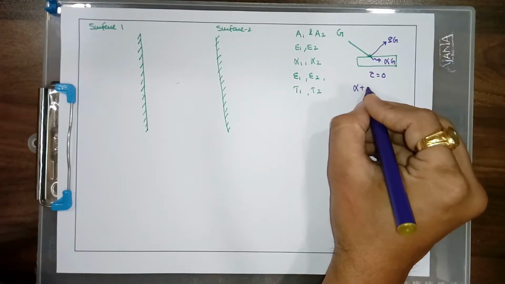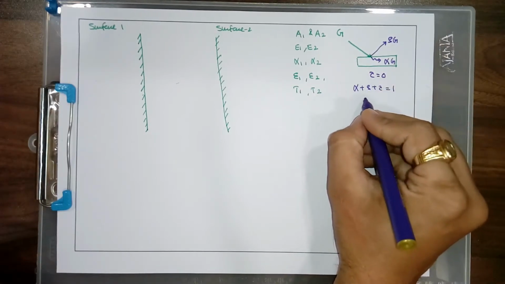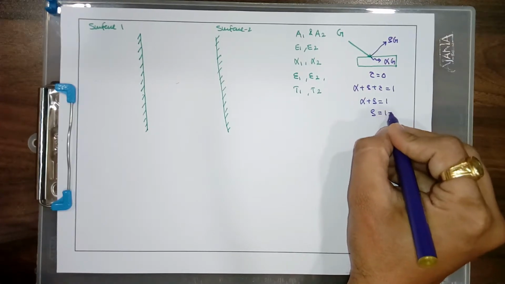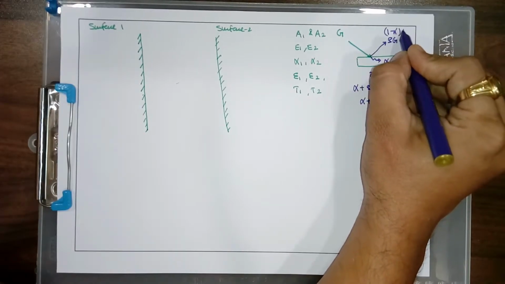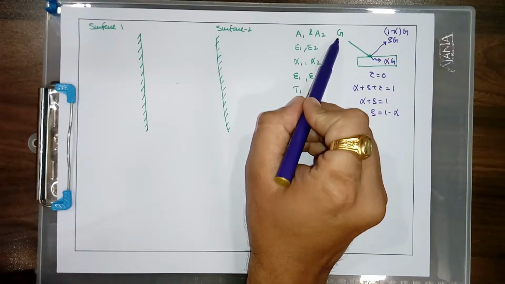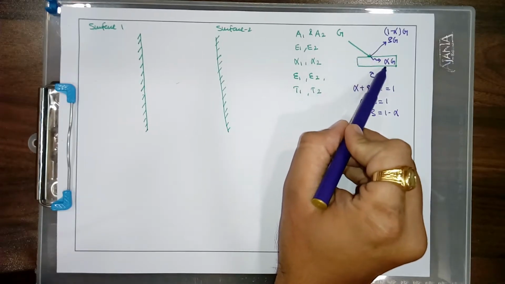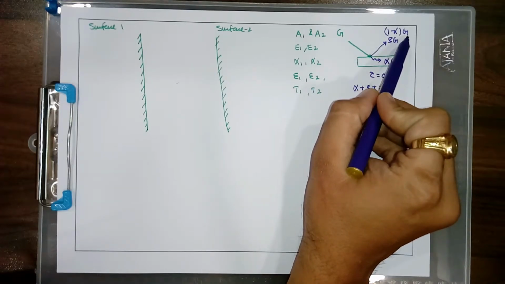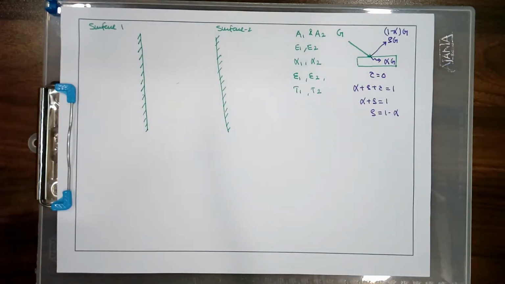We know that alpha plus rho plus tau equals 1, and tau equals 0, so alpha plus rho equals 1, so rho equals 1 minus alpha. So the reflected part is 1 minus alpha times G. In simple words, G is incident on an opaque surface; out of that, alpha G is absorbed and 1 minus alpha times G is reflected back.